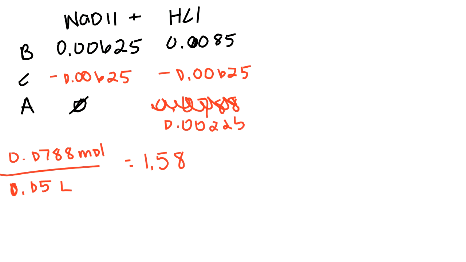Sorry about that. I thought the number looked a little off. So take that divided by our 50 milliliters, and we get 0.045. There we go. That looks much more normal. And so this is our concentration of HCl.